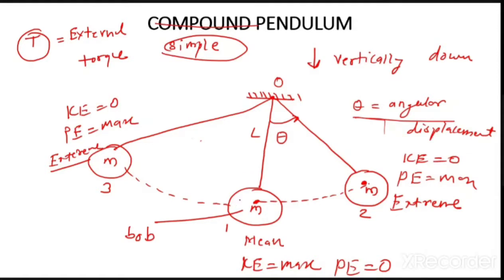There is a conversion of energy from kinetic energy to potential energy and again to kinetic energy, and this mass will start oscillating about this point O, which is called the suspension point.